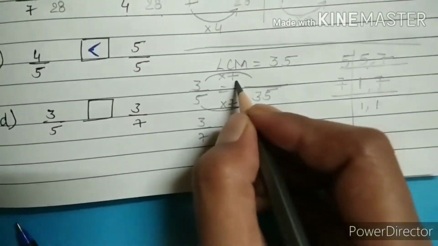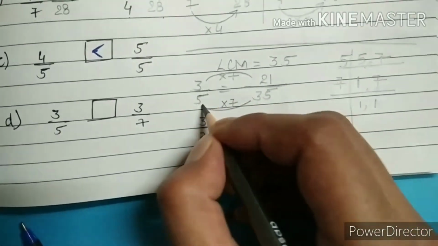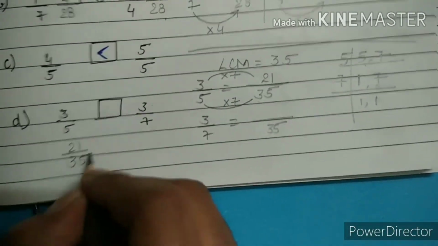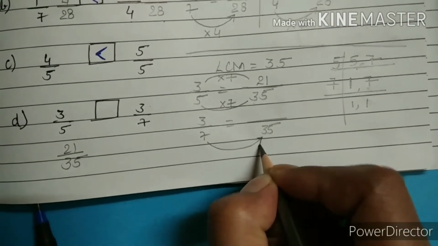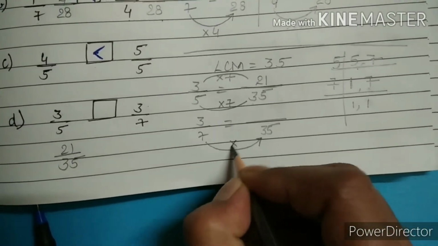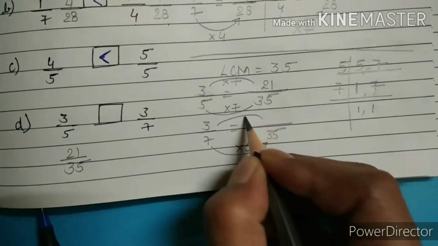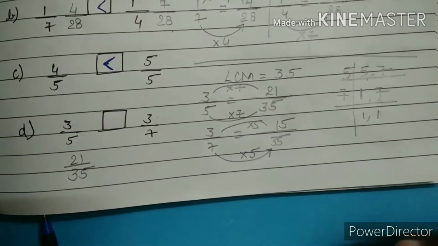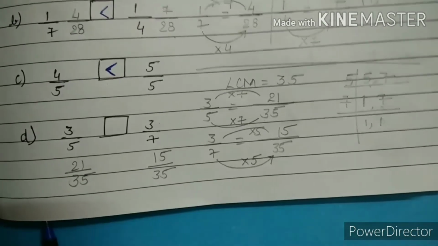So 3 7s are 21. So 3 by 5 will become 21 by 35. Same here, in the table of 7, 35 comes 5 times. So the same 5 will multiply here in the 3. So 3 5s are 15. So here 15 by 35.